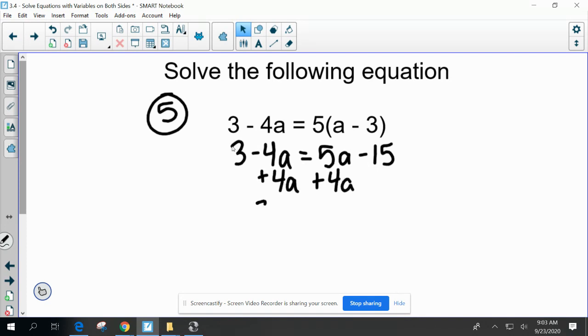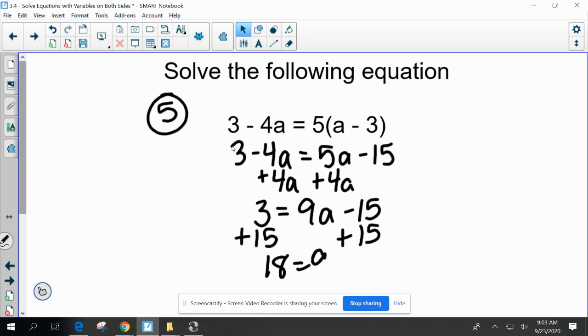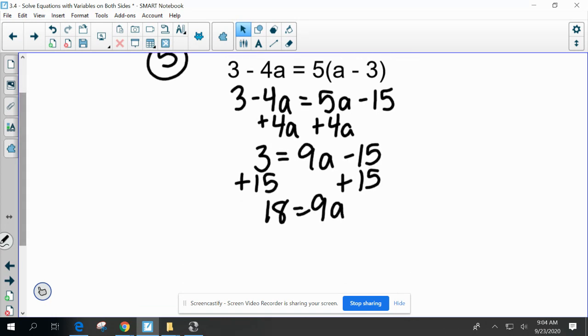And I would carry down the 3 equals, and then 9a minus 15. Then I'm adding 15. So 18 equals 9a. And then I need to divide by 9. So 2 equals a.